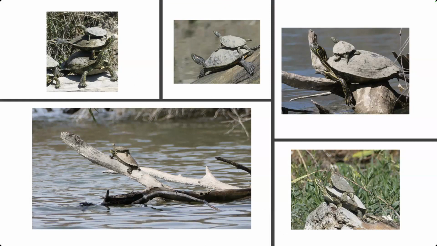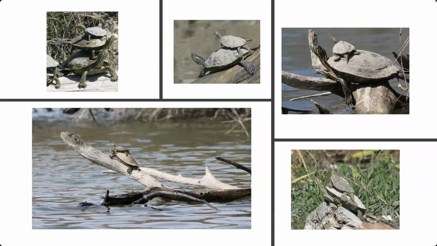Also, it kind of led me to think a lot about the fact that we see turtle stacking all the time. So Cagle's map turtles, particularly these males, will tend to stack on top of other turtles, even when they have plenty of other available substrate to use. So it's tough to understand.